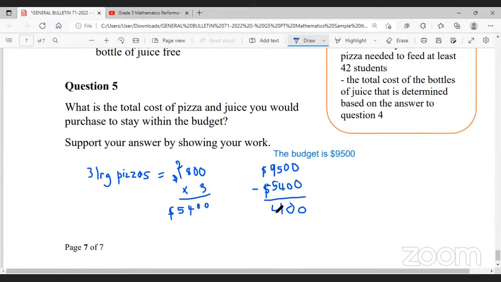So I have $4,100 left. And I already have 30 slices.